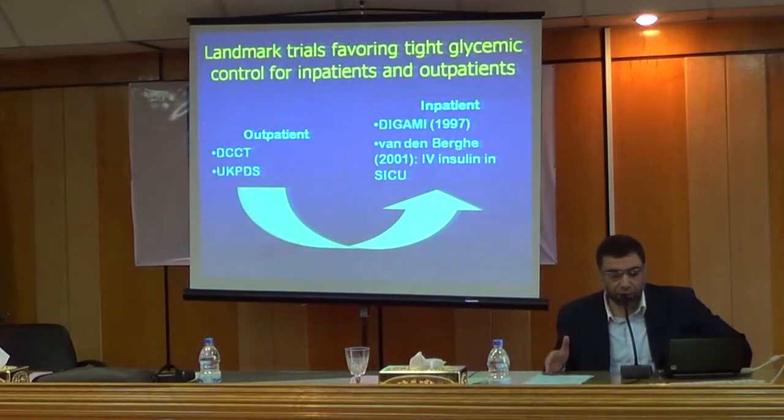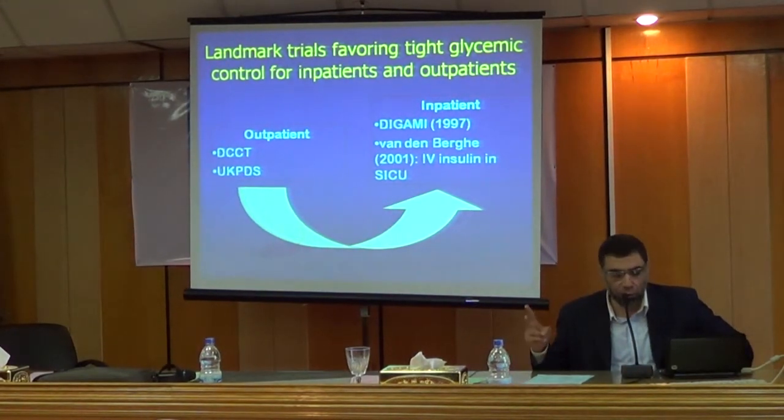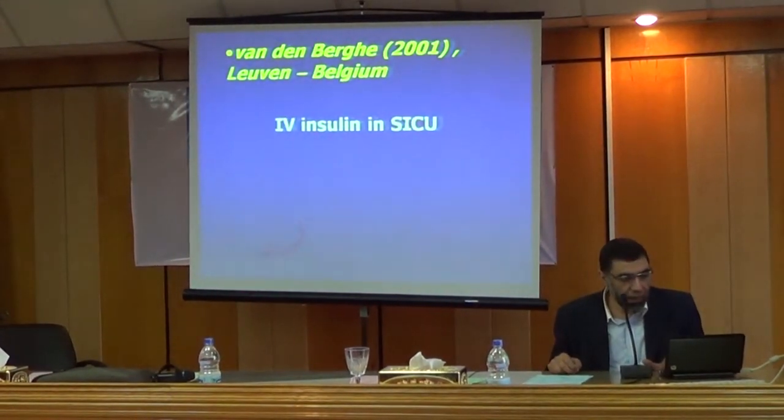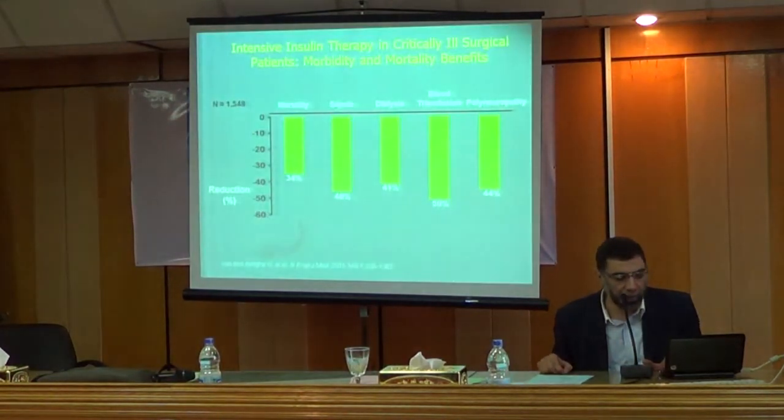Equivalent to these studies, for in-hospital management of diabetes there were 2 well-known studies: the DIGAMI study, 1997, and the Van den Berghe study, IV insulin in surgical ICU. In the Van den Berghe study, we used IV insulin in surgical ICU for strict control of diabetic patients.